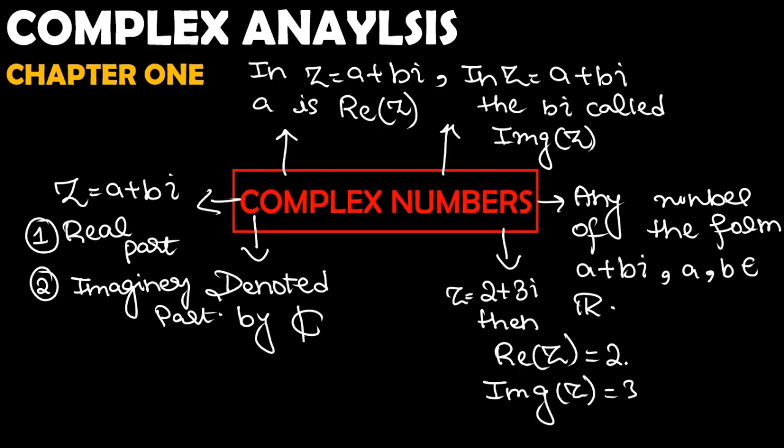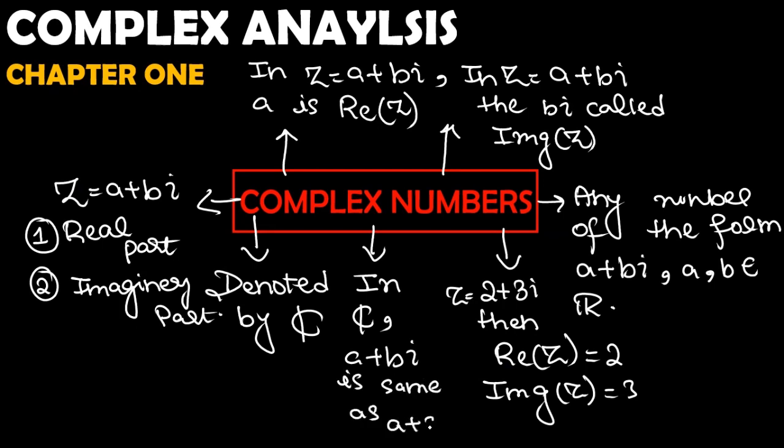A very special thing: a plus b iota is the same as a plus iota b. If I write 2 plus 3 iota and 2 plus iota 3, then both these numbers are the same.